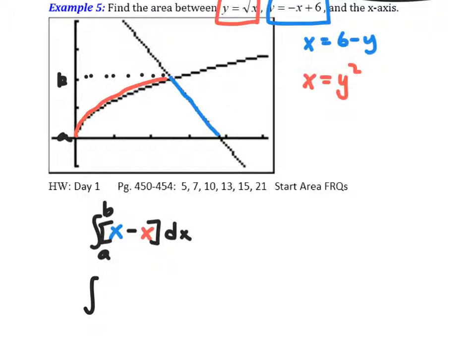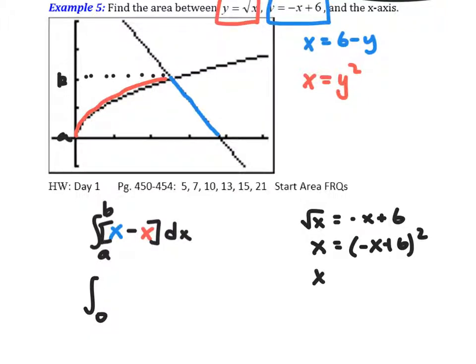Now I need to know what a and b are. Well, a is 0, and b would be where these two are equal. So I'm going to set the square root of x equal to negative x plus 6, which means x equals negative x plus 6 squared. So x would equal, if I FOILed that, x squared minus 12x plus 36.